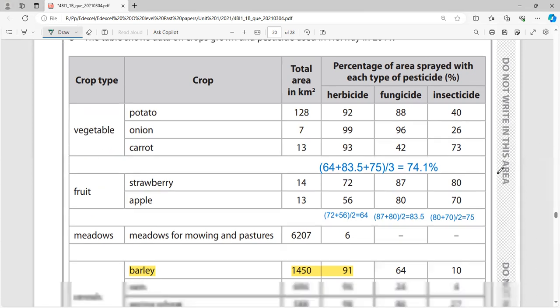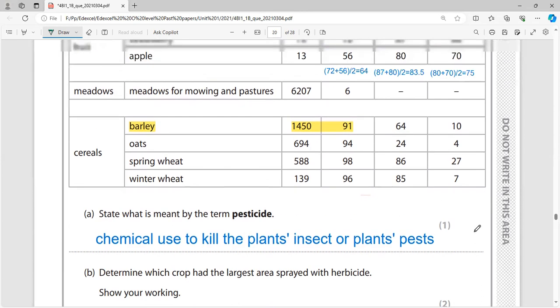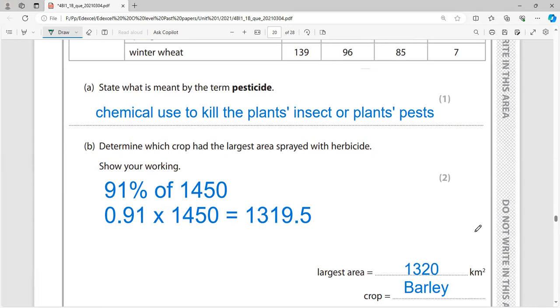Now here is the question: state what is meant by the term pesticide. It is a chemical used to kill plant insects or plant pests. So these are pesticides. Now next question, determine which crop had the largest area sprayed with a herbicide.